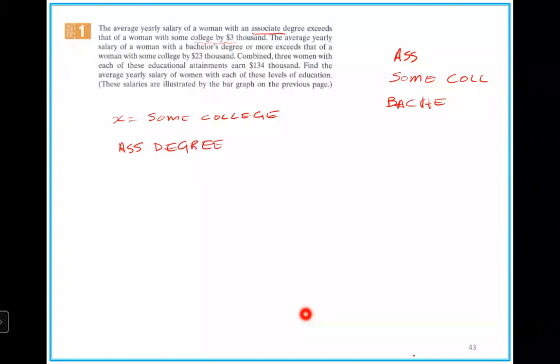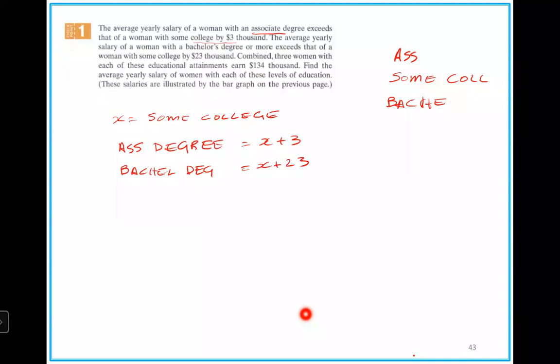X plus 3. Okay, X plus 3. And then the bachelor's degree, X plus 23.